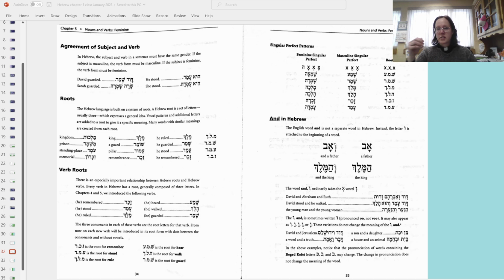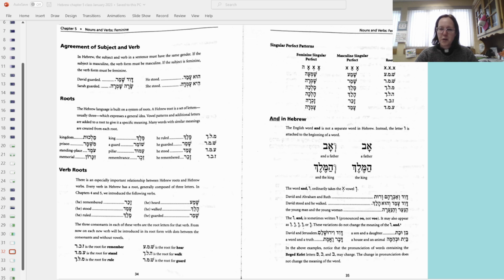On the next page, on page 35, you can see the singular perfect patterns. We have the root, the masculine, and the feminine. So that's kind of interesting how they show that to you. So we have the root. Like for the top one is Shema. And in the middle, we have the masculine, which is Shema.